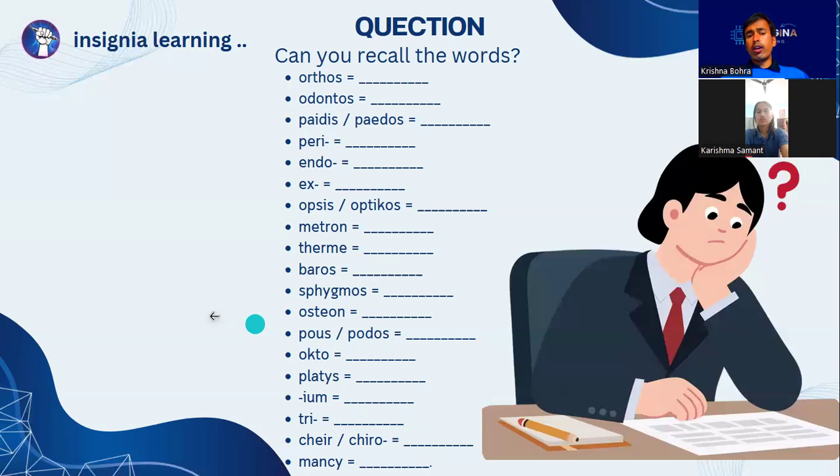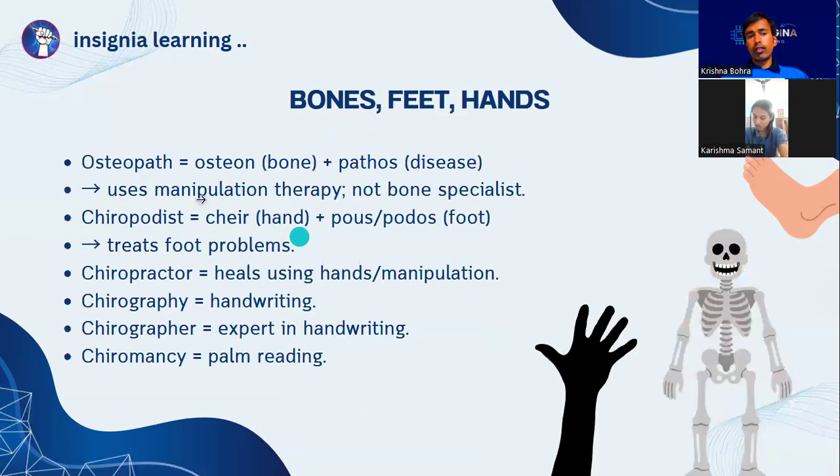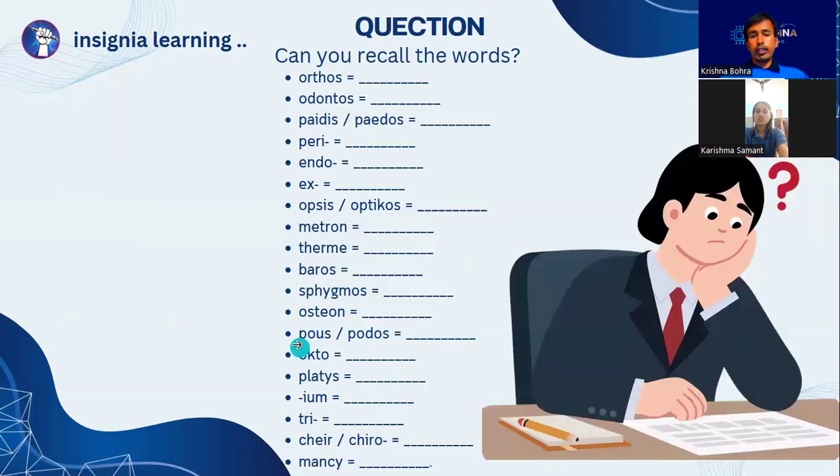Can you recall what osteo means? Osteo here means bone, as in osteopathic manipulation therapy. Okay.